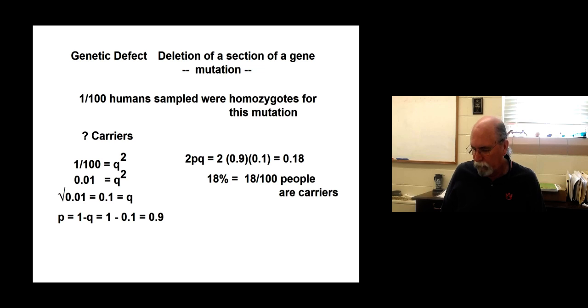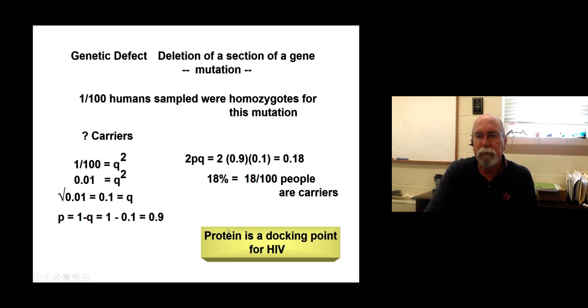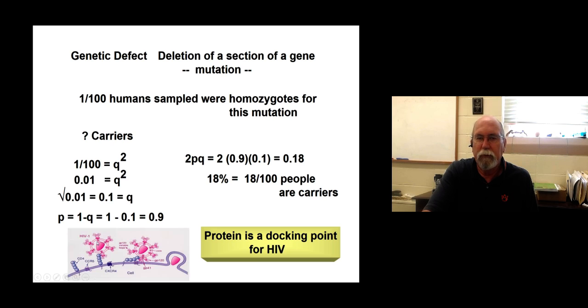Now what was interesting about the article was that the protein the mutation was in was a docking protein for HIV. HIV was coming in, but it wasn't able to connect. There was a mutation in the protein that it used to latch on to the cell itself and be transferred in, so it could take over and start reproducing itself. But the virus couldn't latch on.